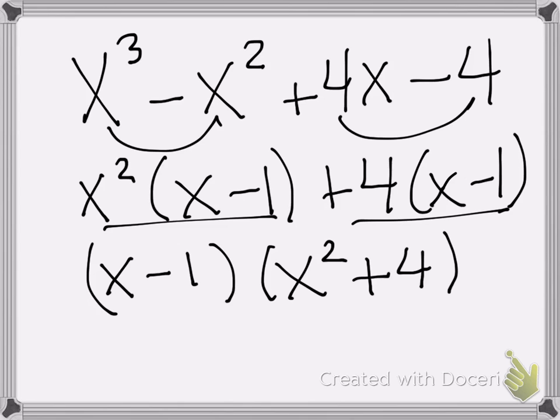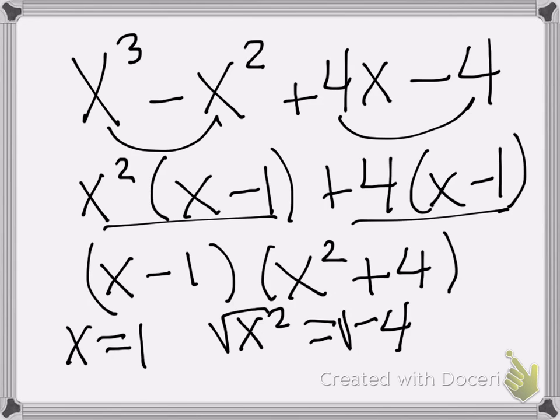Now, setting both of those equal to 0, x equals 1 right here. Okay, x squared equals negative 4. You square root each side, so x is equal to plus or minus 2i.